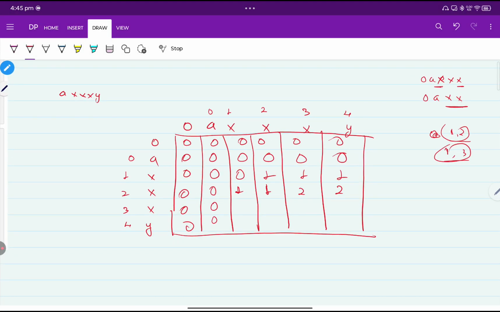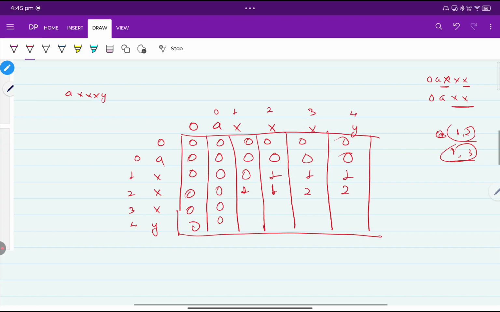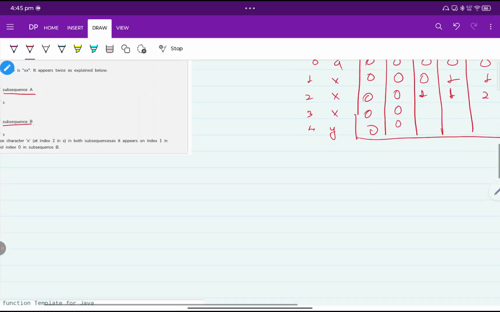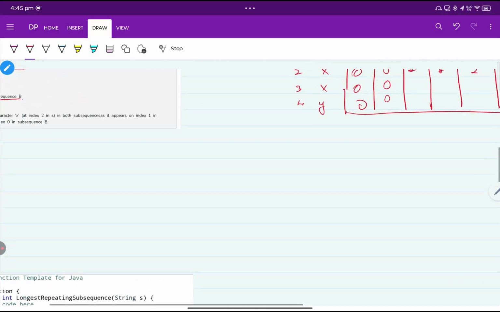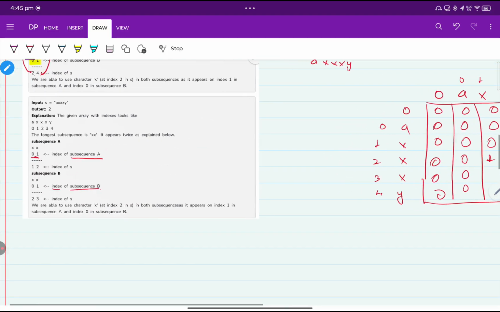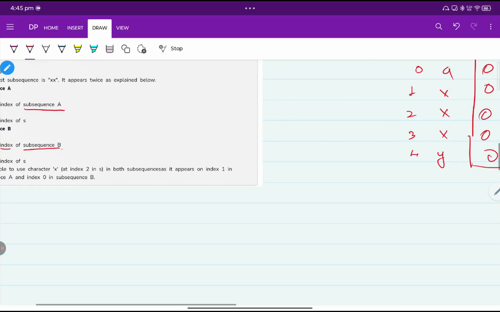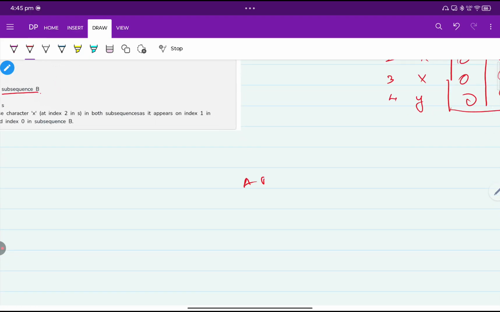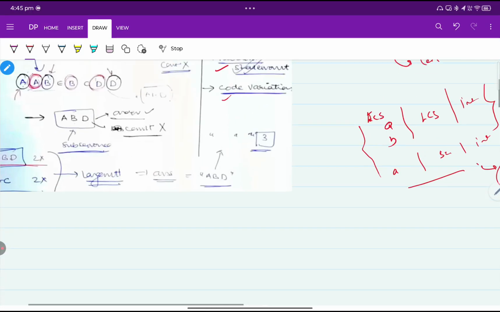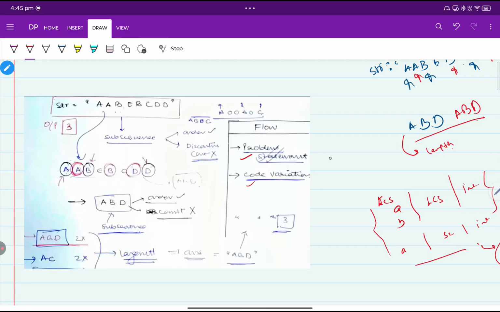So we have to return the longest common subsequence. This question is similar to the longest common subsequence.